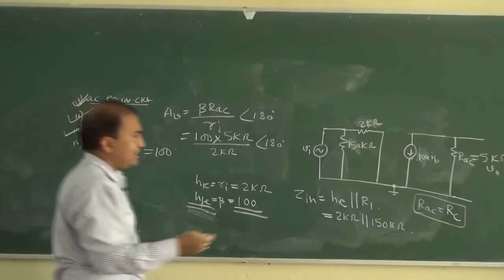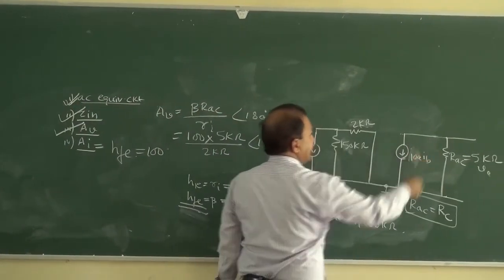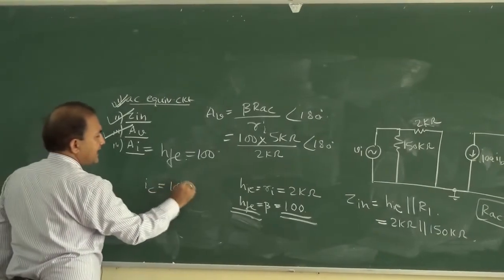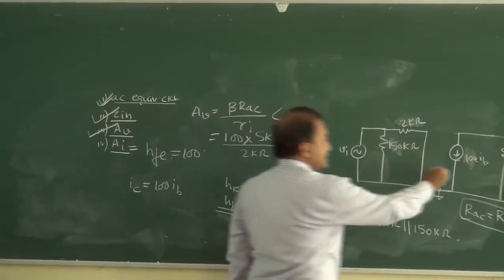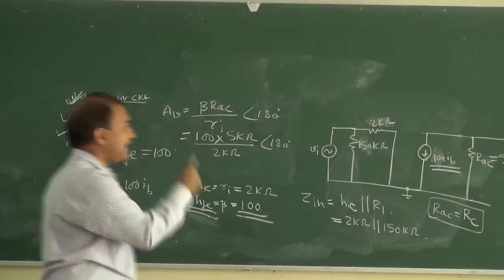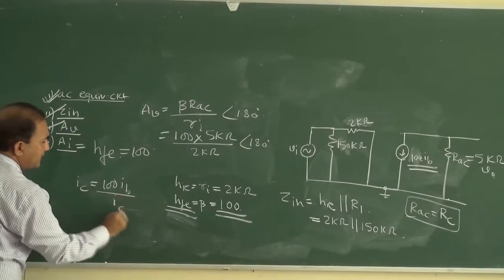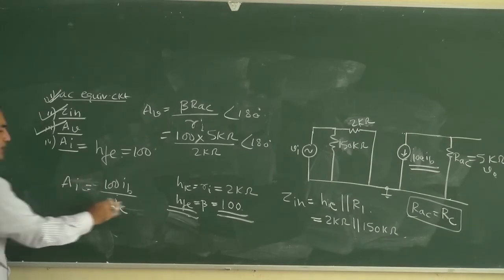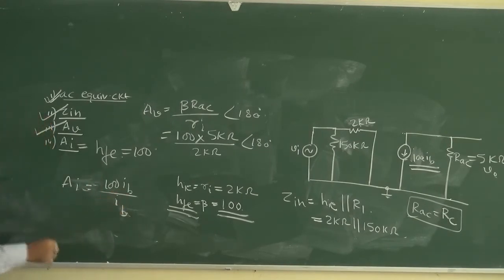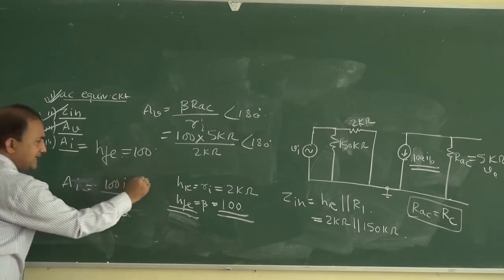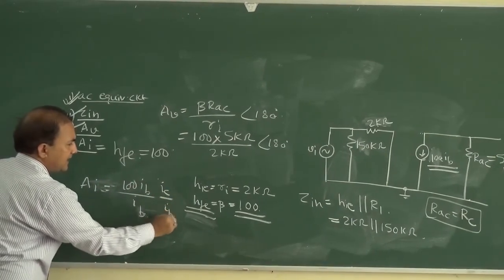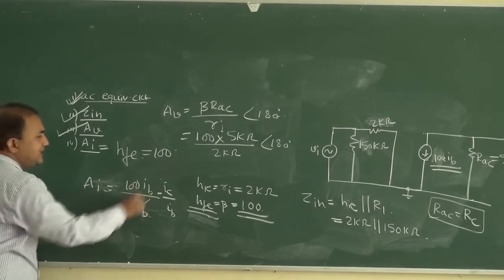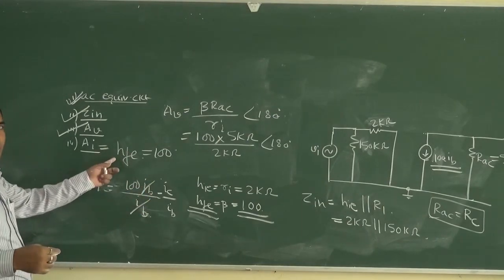Or directly we can write, AI is equal to output current divided by input current. Input current is IB, output current is IC, which is equal to 100 IB. So IC divided by IB is equal to 100, which is equal to HFE.